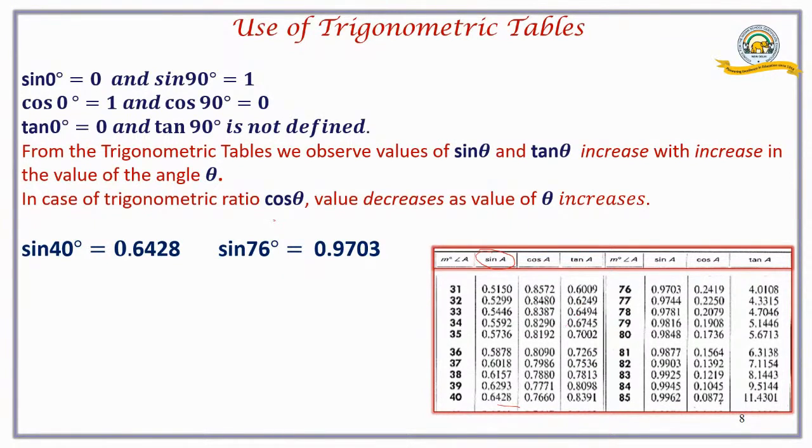Sine 76 is equal to, let us look at the table again. So here we have got sine 70, and 76 degree is 0.9703. So that is your value. I hope you can read the values here.